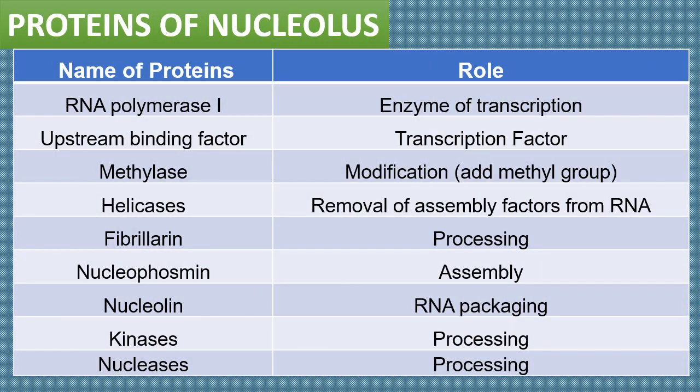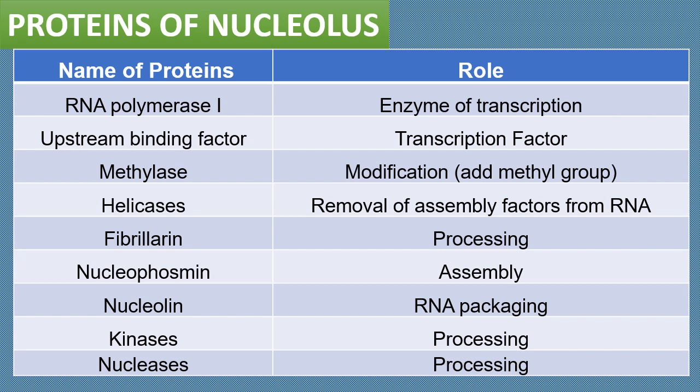The nucleolus is associated with a variety of proteins. There are certain proteins which are mainly associated with the nucleolus, but they are also found in other cellular compartments. And this is a simple tabular form of some of the important proteins of the nucleolus and their functions.